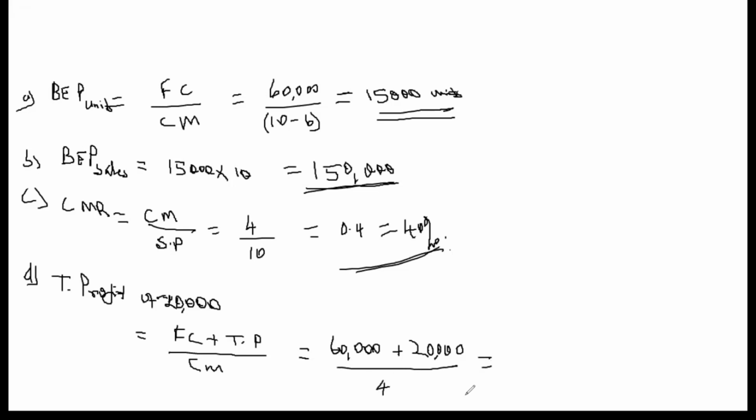So that gives us 80,000 divided by 4, which is 20,000 units. So if we sell 20,000 units, we'll be able to achieve a profit of 20,000.